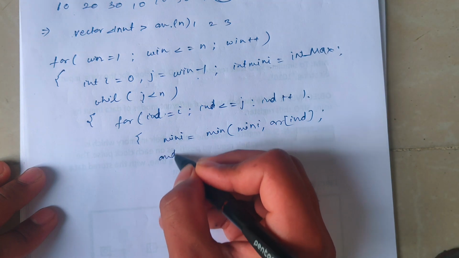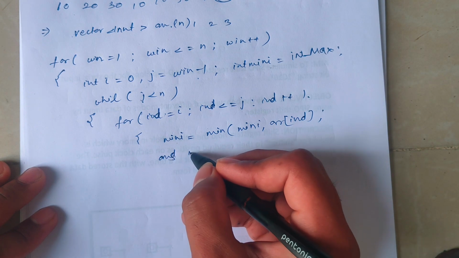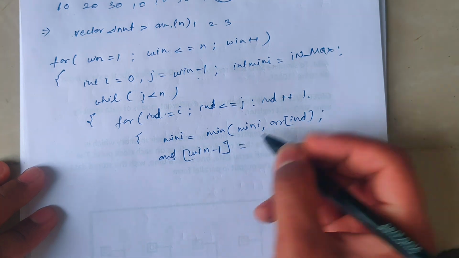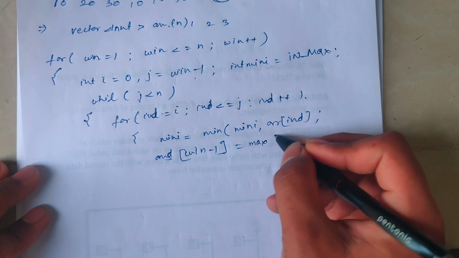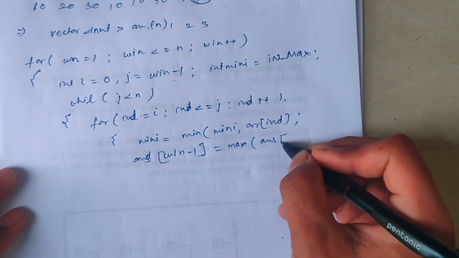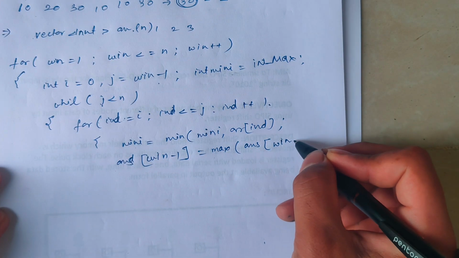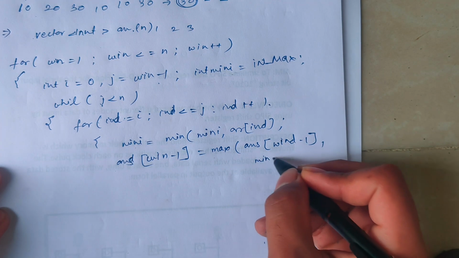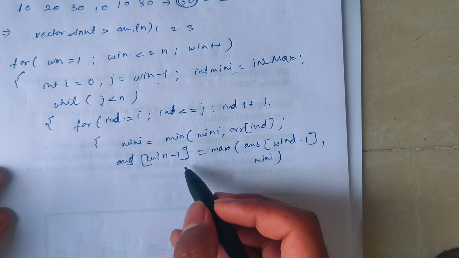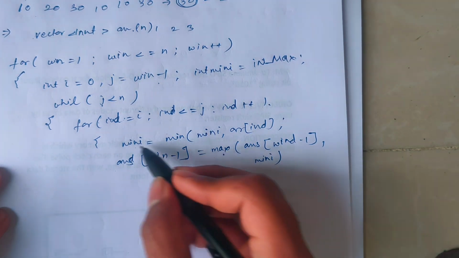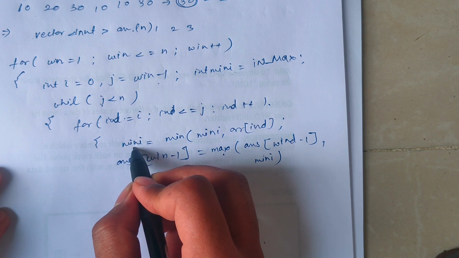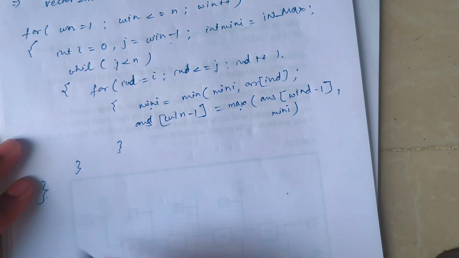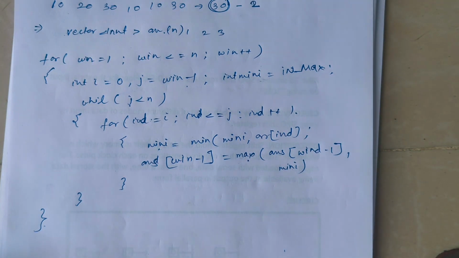And the answer for window size - 1 would store the maximum of answer of window size - 1 and mini, because we need to get the maximum of minimum of those things, right? So this would be the pseudocode for our naive approach.